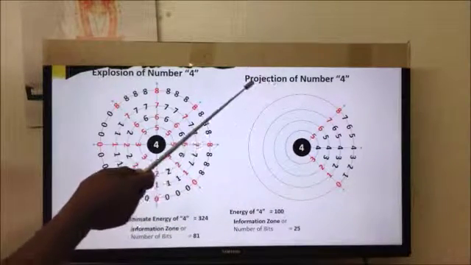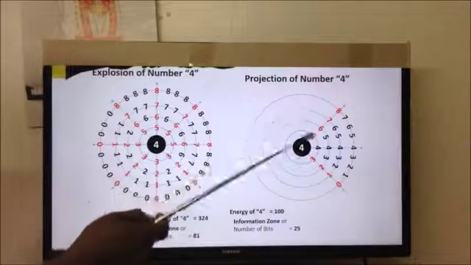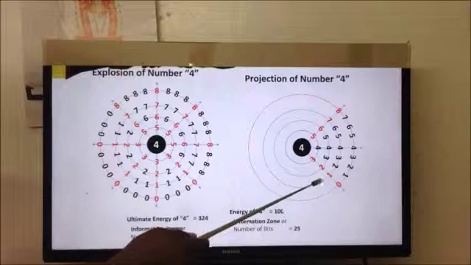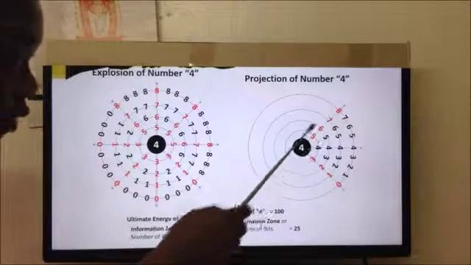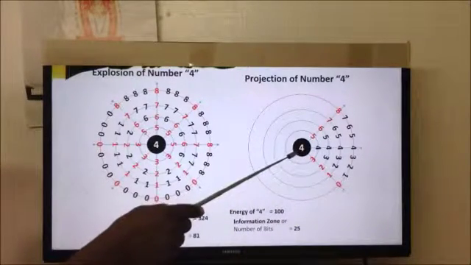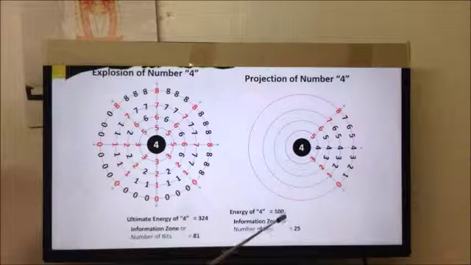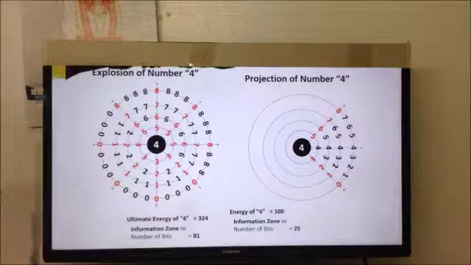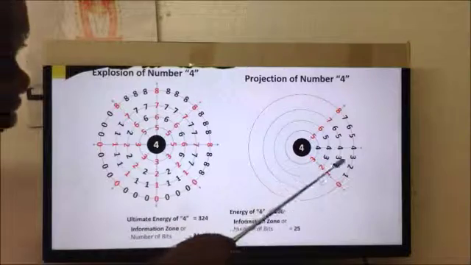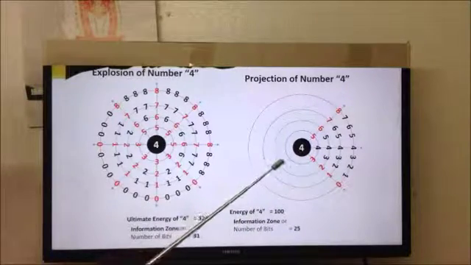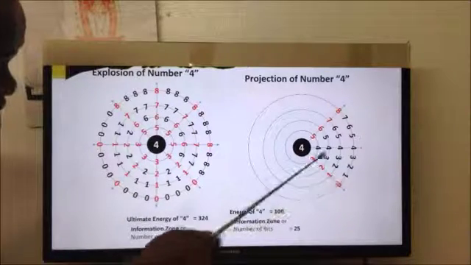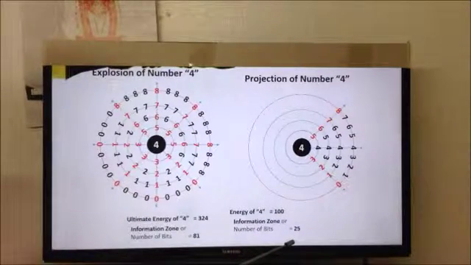When we do the projection, it gives us this result. If you sum all the values that appear here, including 4 itself, we will have 100. Amazing. 100. And if we want to know how many values we have here, which will be identified later as bits, we have 25.